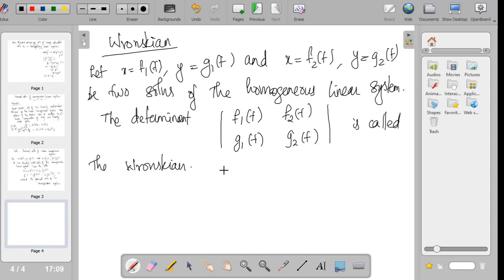It is a function of t, so it will be denoted by W of t.